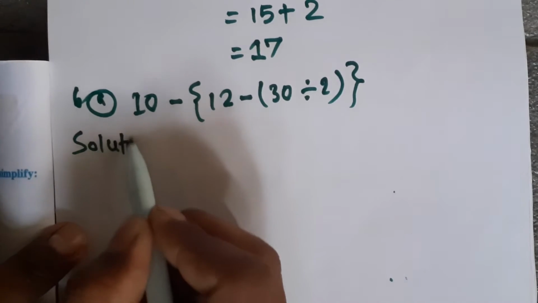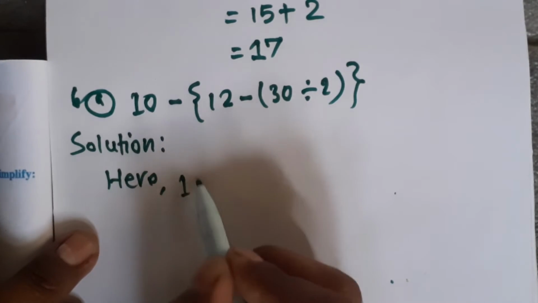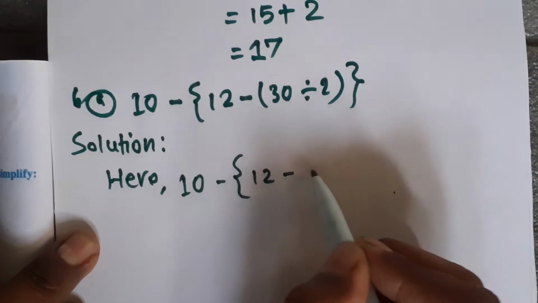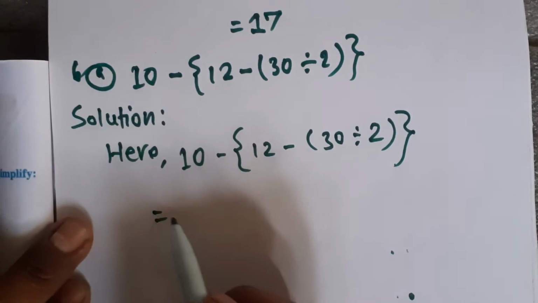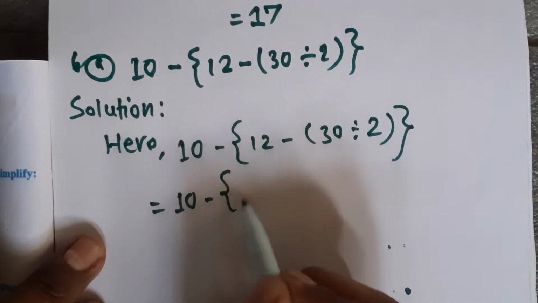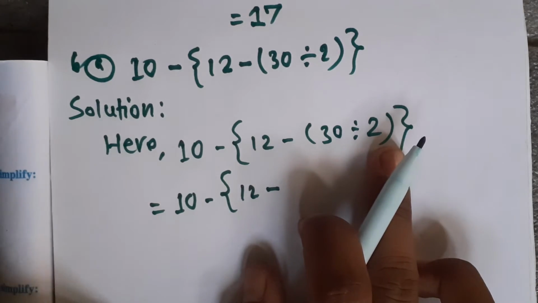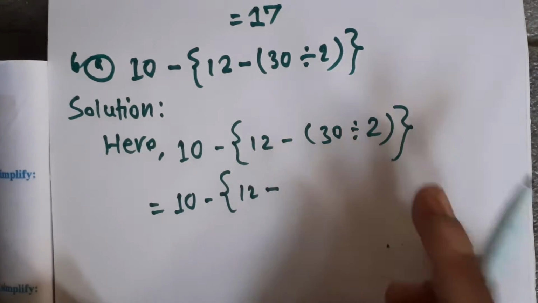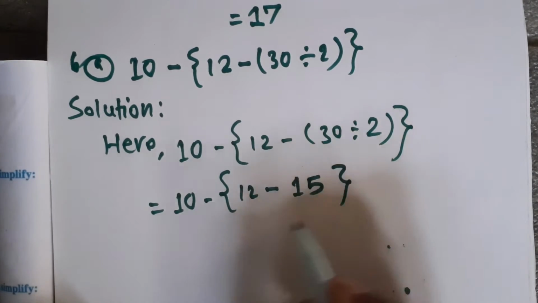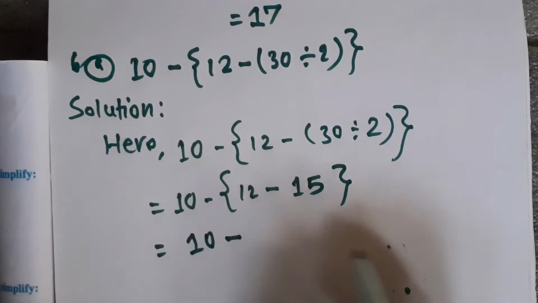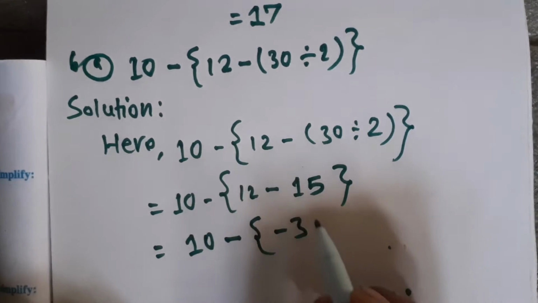Solution. 10 minus {12 minus (30 divided by 2)}. At first you have to do the division inside the small bracket. 30 divided by 2 will be 15. Now in the curly bracket, 12 minus 15 will be minus 3, isn't it?